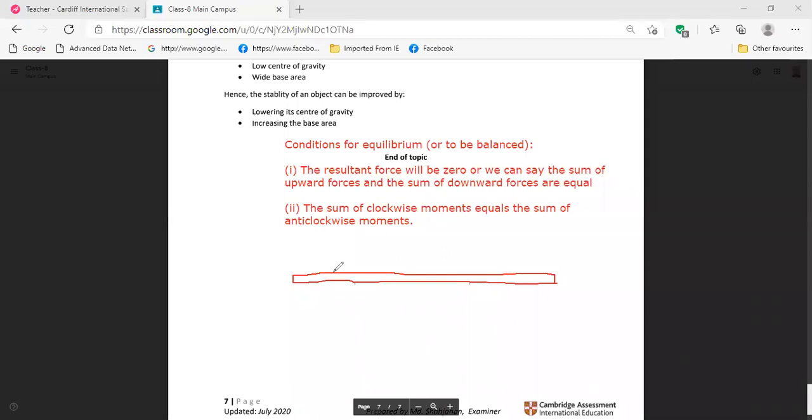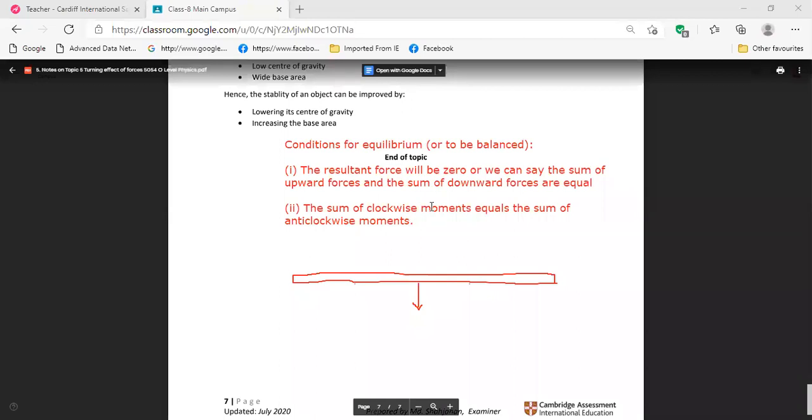Like this is a plank, and there is the weight of the plank. Sir, do we need to draw this? Yeah, wait, not now. Let me finish, then we'll draw.